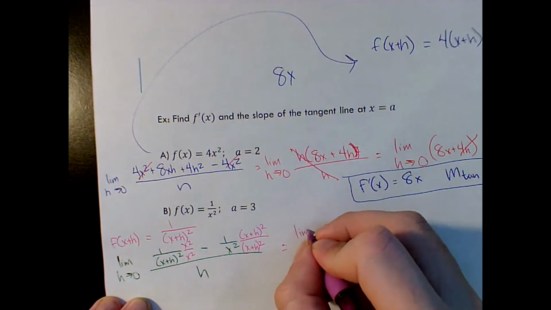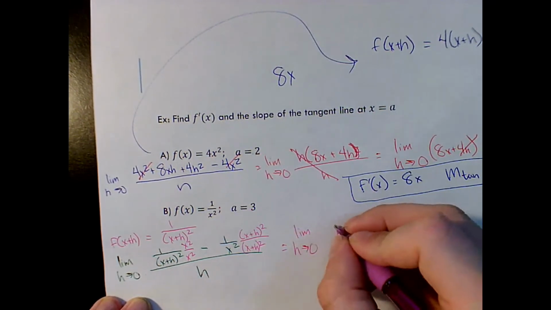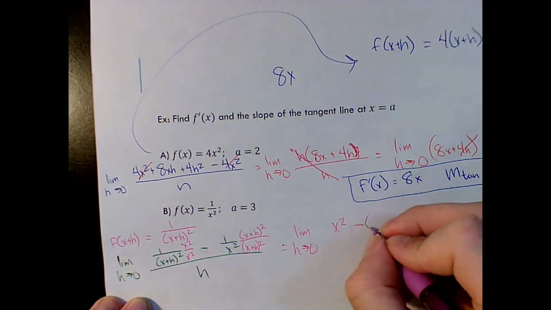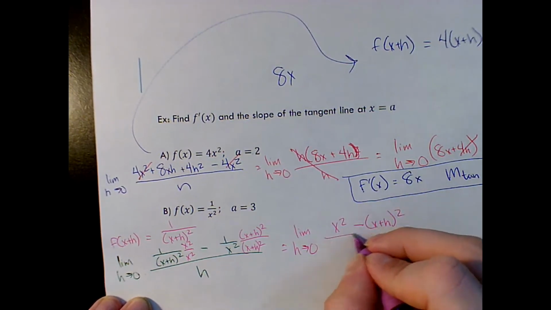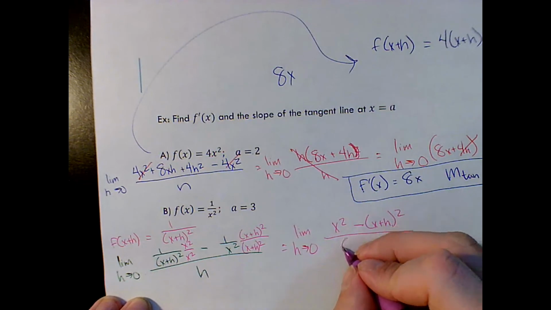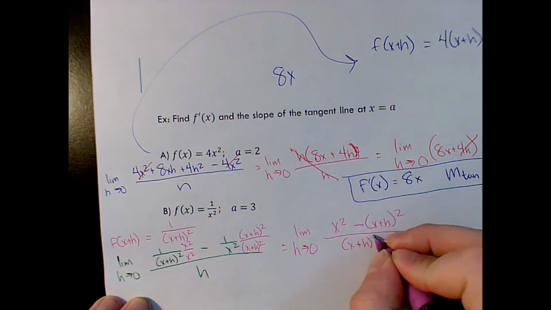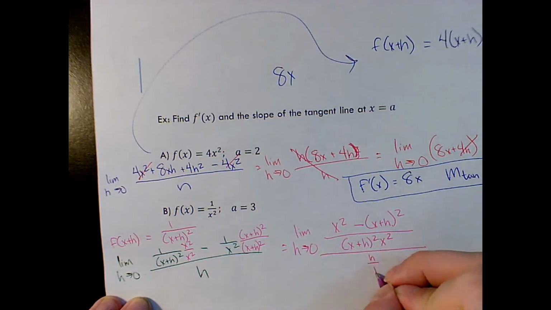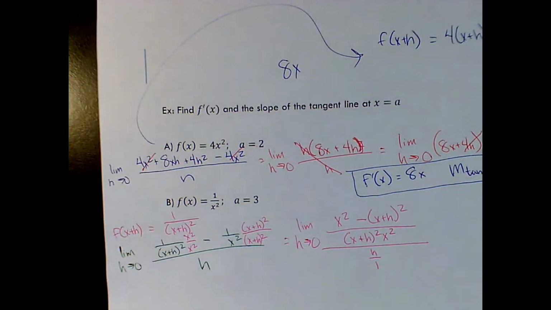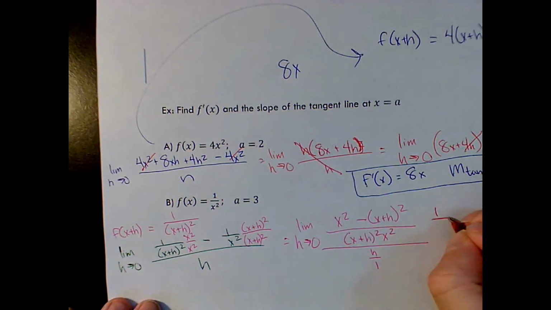And that ends up being the limit as h approaches 0 of x squared minus x plus h squared, all over x plus h squared times x squared, all over h over 1. We did do this one. Multiply this by 1 over h.